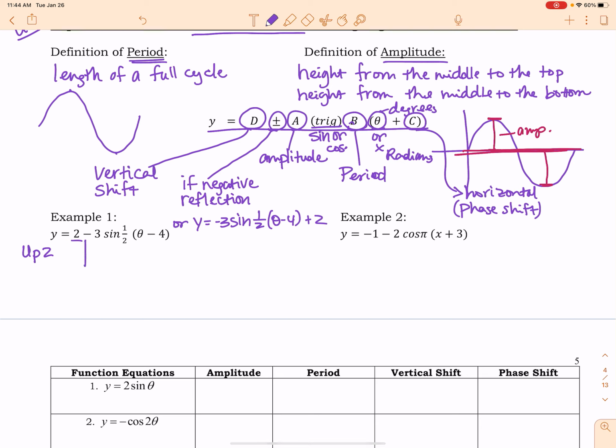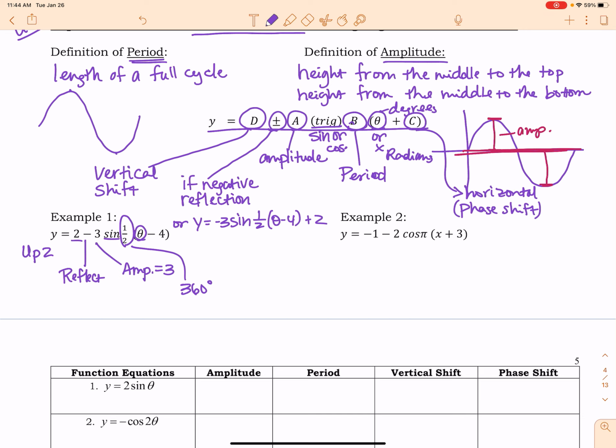This negative here tells me that I'm going to reflect. The 3 means the amplitude is equal to 3. We are dealing with the sine function. 1/2 is the period factor. The period of the parent function for sine is 360 degrees, or 2 pi. The reason I'm using degrees is because of theta.